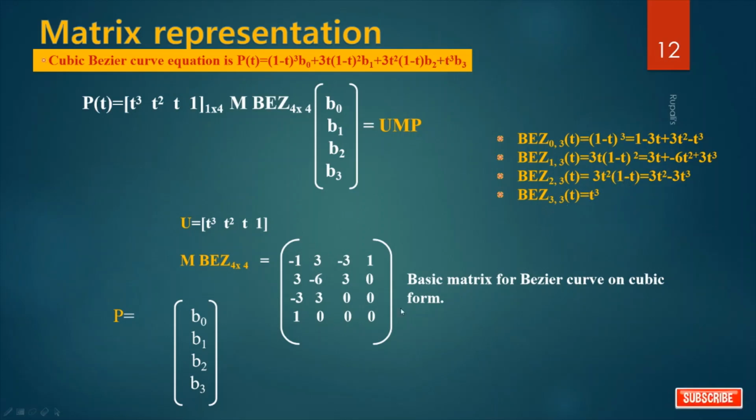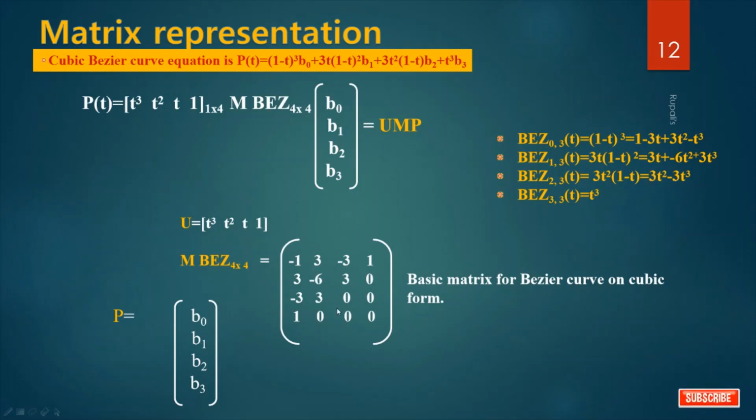When you want to write this matrix, first the coefficient of t cube is minus 1, then the coefficient of t square is 3, then the coefficient of t is minus 3, then 1. In the same way, the second row is 3, minus 6, 3, 0. The third row is minus 3, 3, 0, 0.